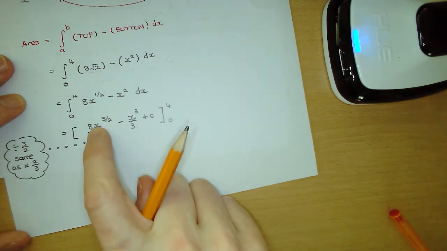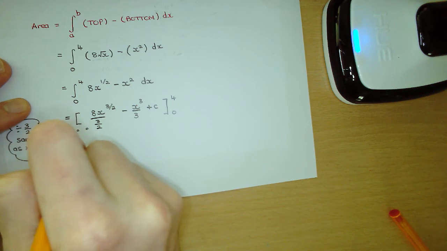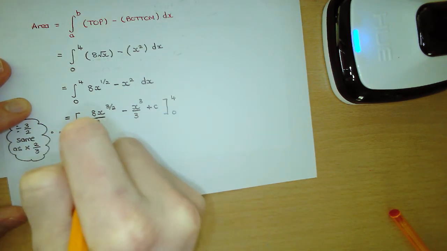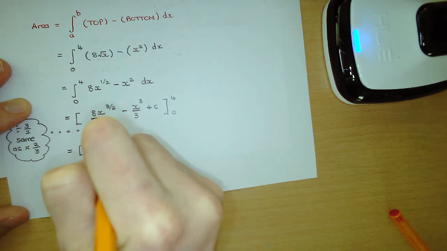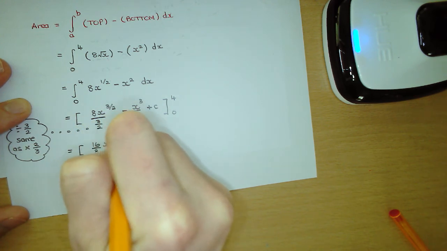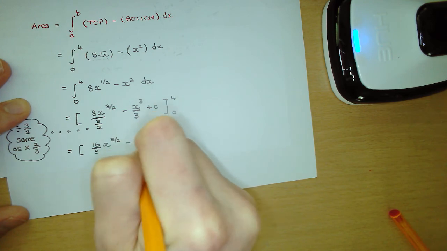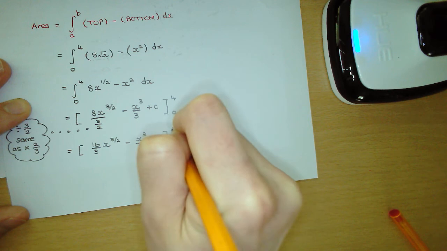So we're going to multiply 8 by 2/3. So that's going to give us 16 over 3. And then we've got x to the power 3 over 2 minus x cubed over 3 plus c. And then we've got our limits.